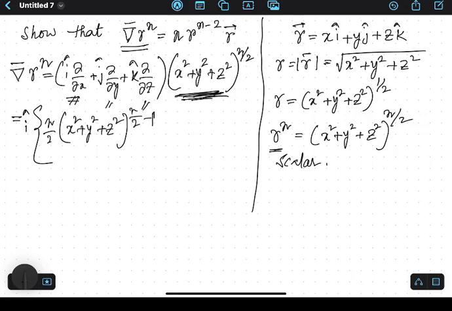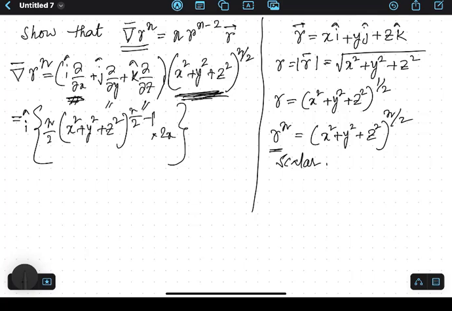And then the derivative inside this bracket. That means the derivative will act on x square plus y square plus z square. Because this is del x, it will only have the answer for x square, which is 2x. But the rest, y square plus z square, will be 0. So I have multiplied by 2x. And this del x work is done.